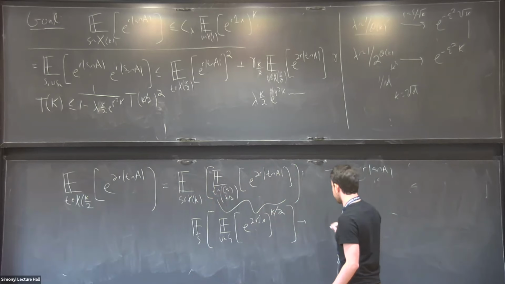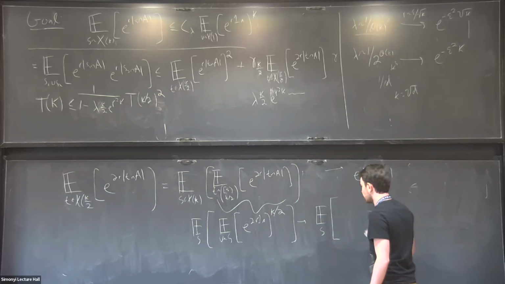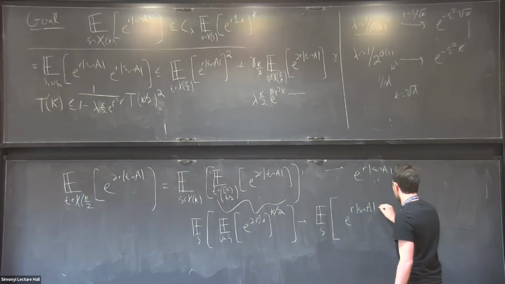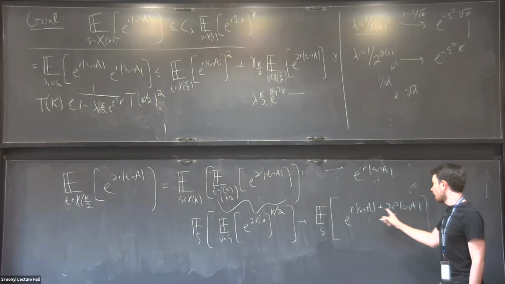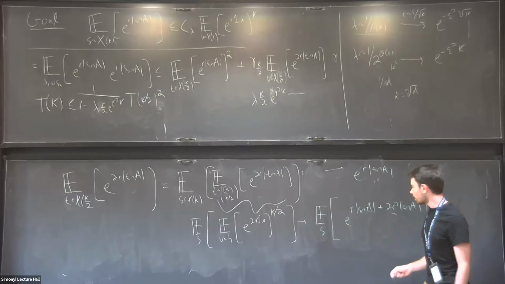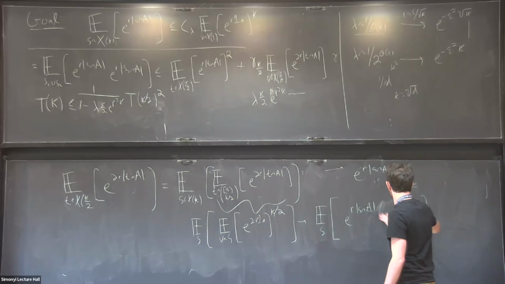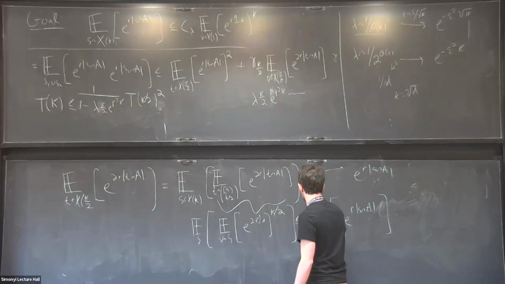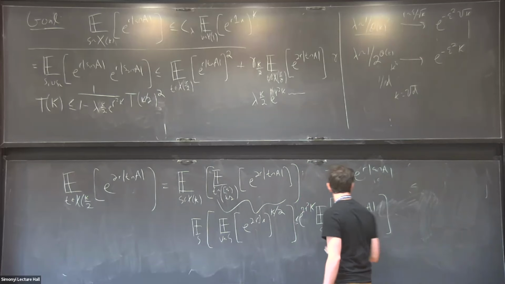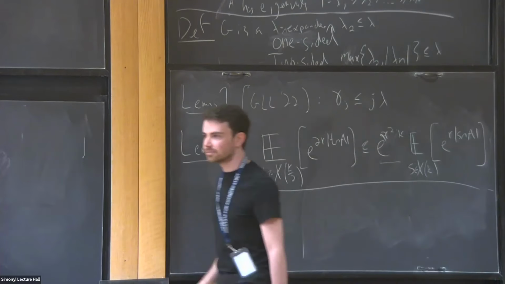So then this ends up going to e to the r S cap A plus 2r squared S cap A. This is at most k, so I pull out the 2r squared k to the front. And I proved what I wanted, except maybe I forgot a 2 here. Okay, so that's the proof.